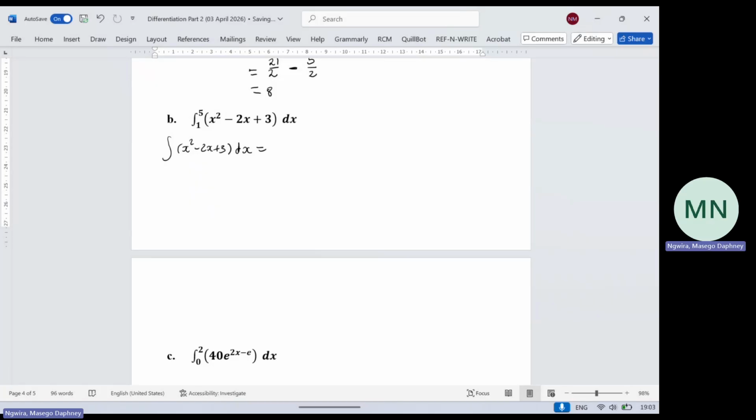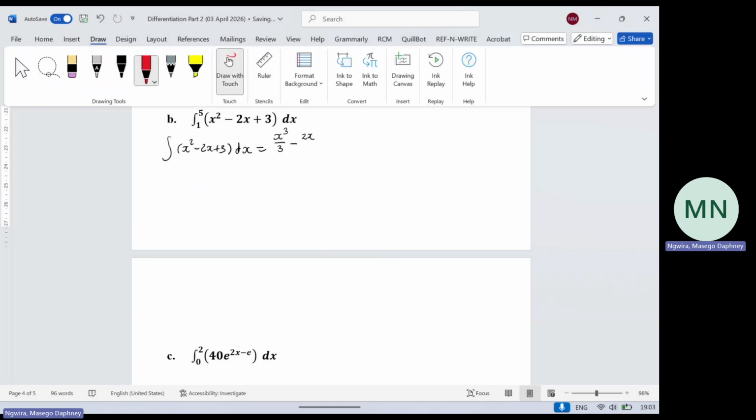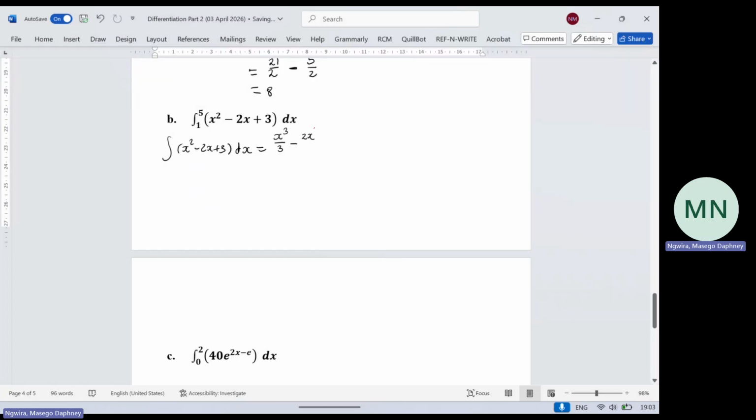Integrate. So when we integrate this, we are going to have x to the power of, remember it's 2 plus 1, it's 3 over 3. Then minus 2x, then 1 plus 1 is 2, over 2.